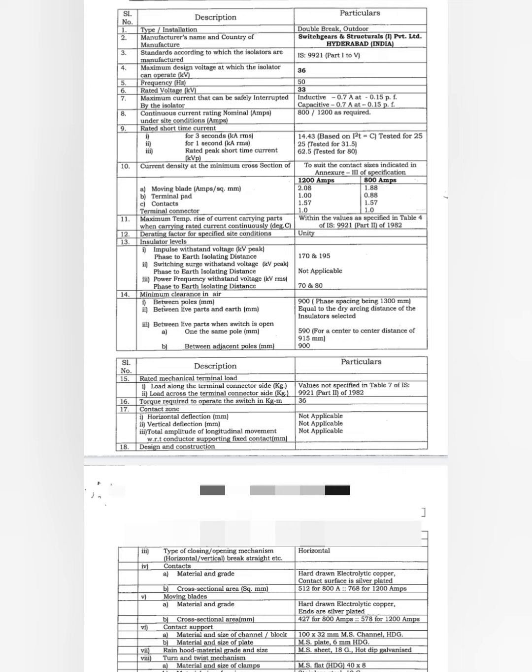So first is your 33 kV isolator. Here the rated voltage is 33 kV and the maximum design voltage is 36 kV.